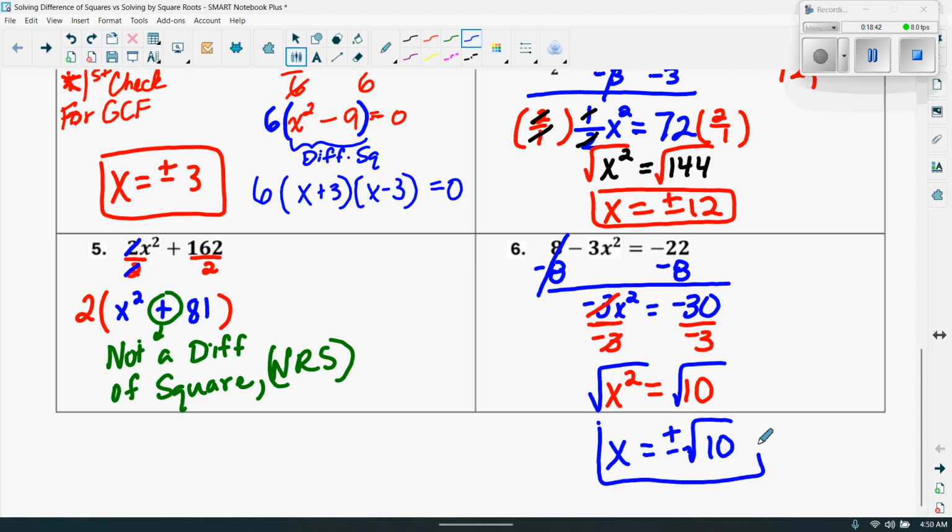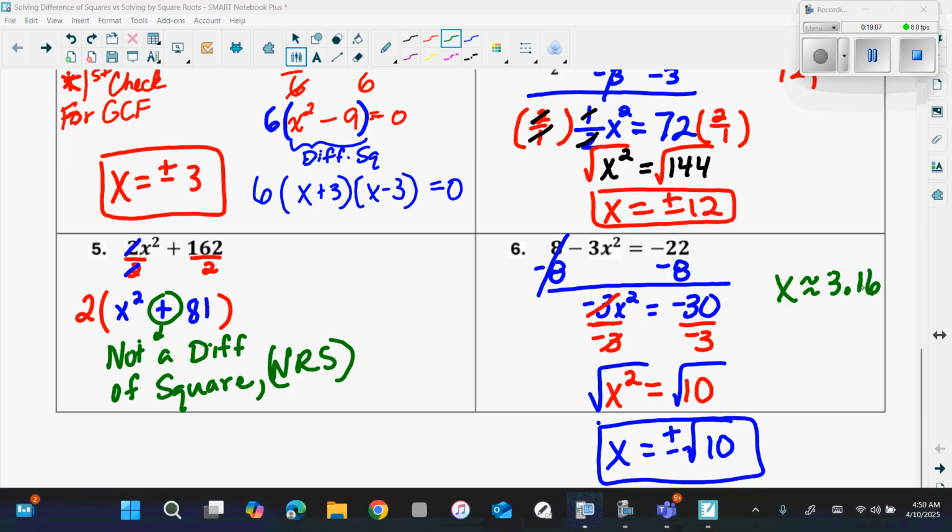So they will write it like this, or they'll give the approximation. I'll write it over here in green, or they'll say x is approximately 3.16.